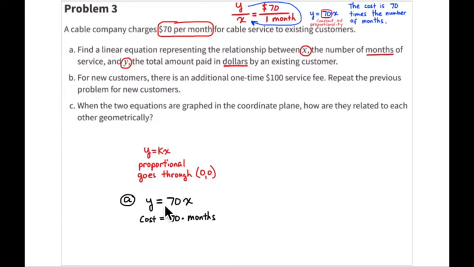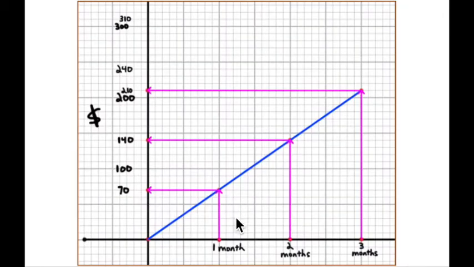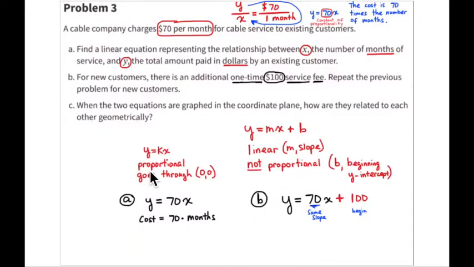So it's going to be y is equal to 70 times the number of months plus this $100, plus b, plus the beginning amount. So a graph of that, this is the proportional relationship. So in 1 month, $70, 2 months, $140, 3 months, $210. But what if you start up here at $100?